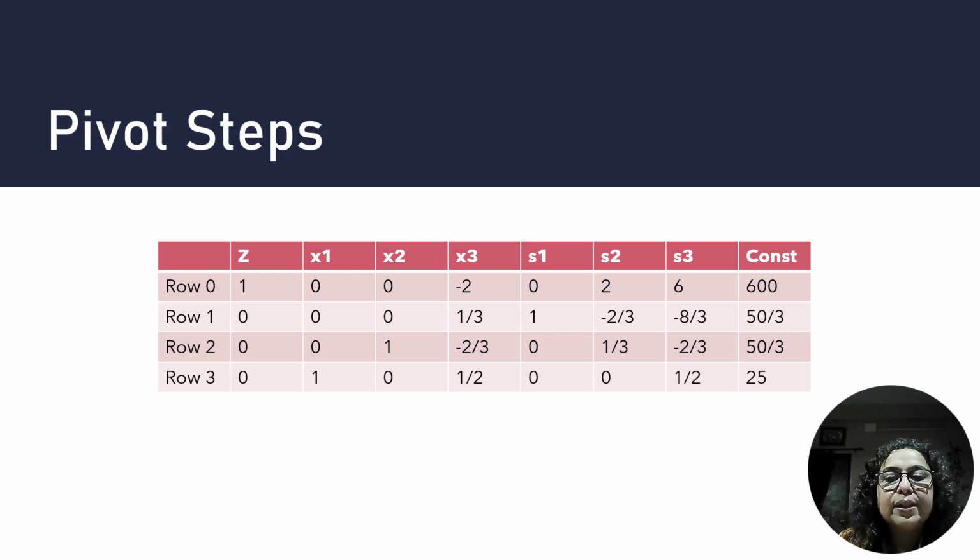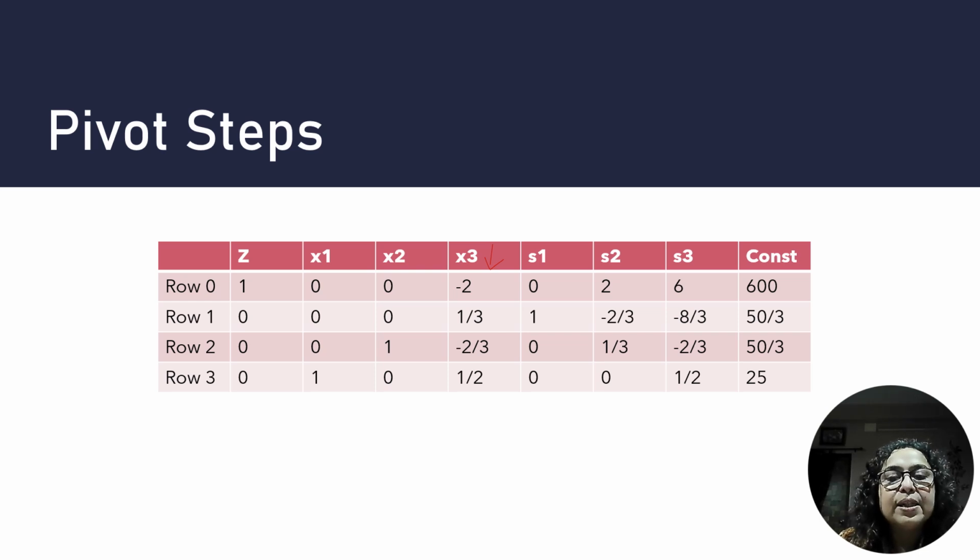So here we start with the pivot step, and we know that this x3 has to be the incoming variable because all x1, x2 are 0. Only this has a negative coefficient. That means it has the power to increase z. So we bring in x3, but again we have the question which one it is going to replace.